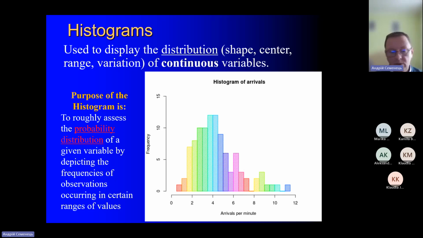Here we have an independent variable, in this case, for example, arrivals per minute. No matter what we are talking about, planes to an airport or patients to a hospital emergency department, it will be almost the same thing.